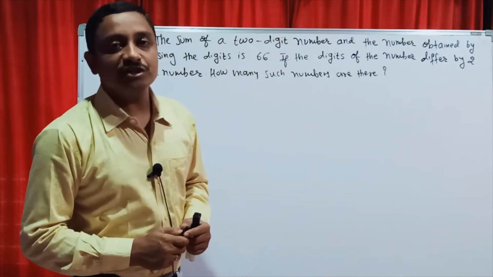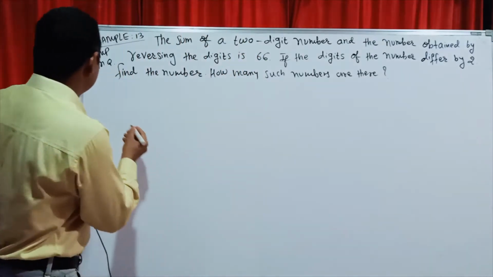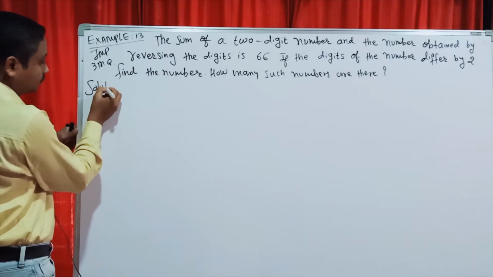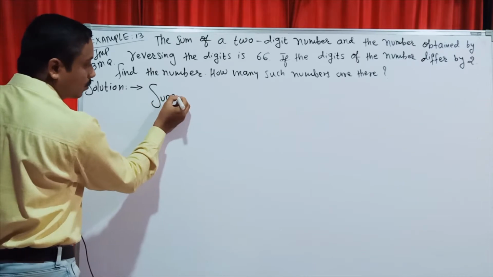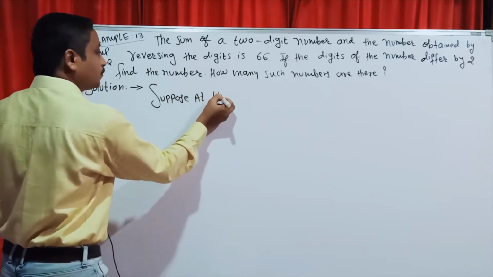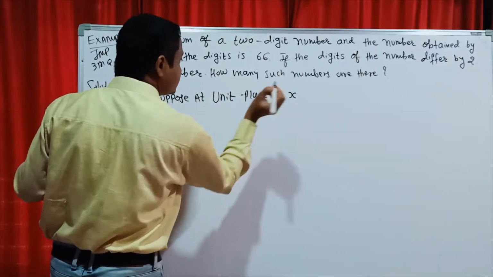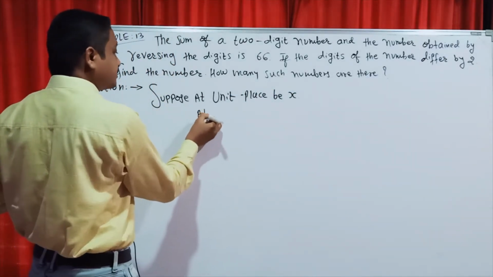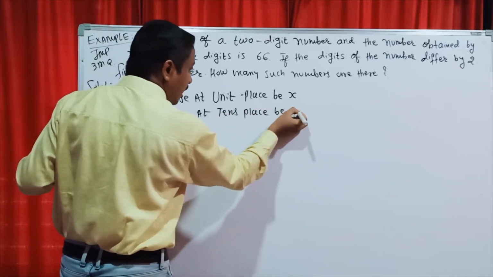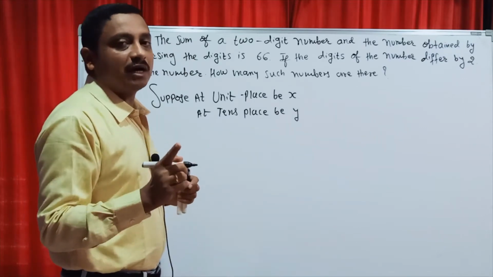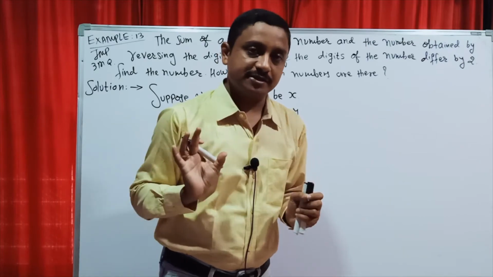First of all, I assume in a 2-digit number, a unit place and a 10 place. So my solution: suppose at unit place x and at tens place y. Students, a two-digit number always has a unit place and a 10 place.